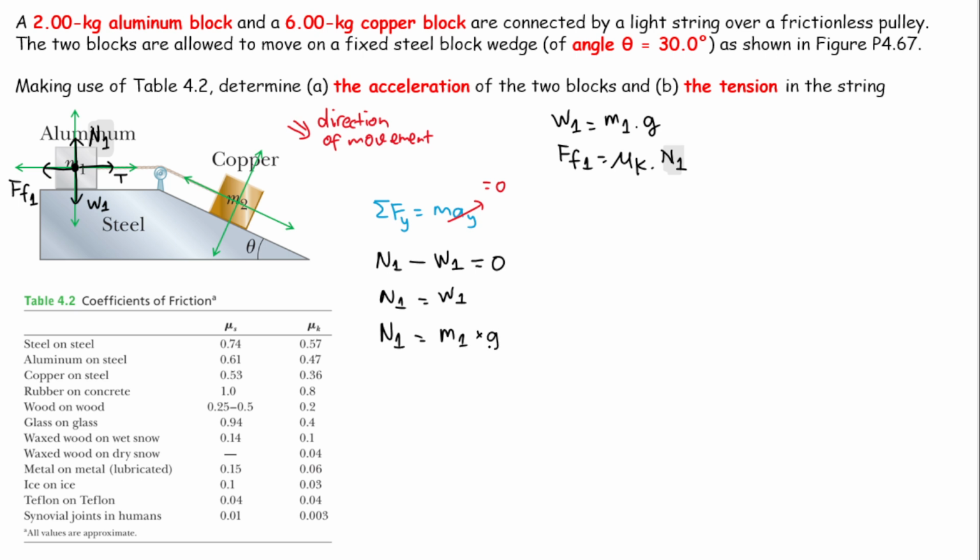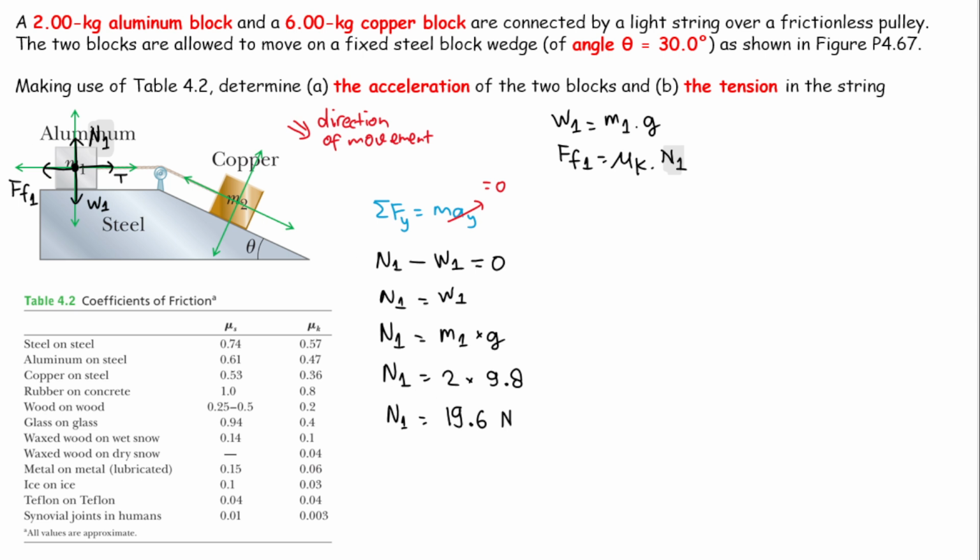All we need to do is plug in the numerical values. M1 is 2 kilograms, so I will have 2 multiplied by 9.8, and that will be 19.6 newtons. So N1 is 19.6, and the unit is newtons. Good, that is the normal force.